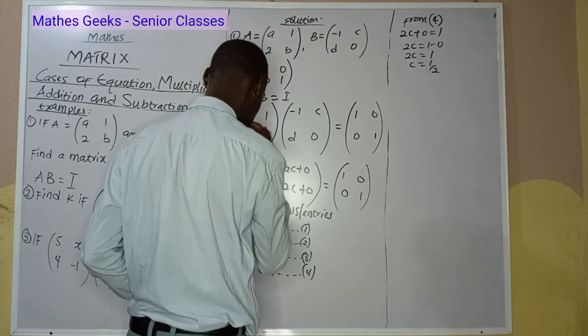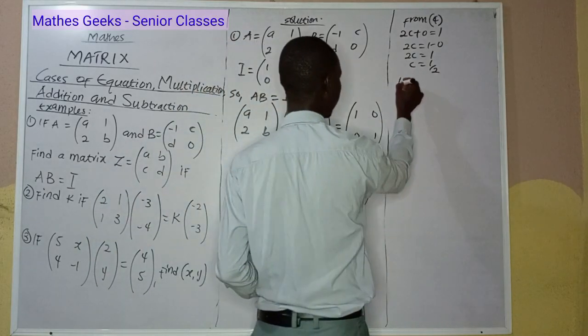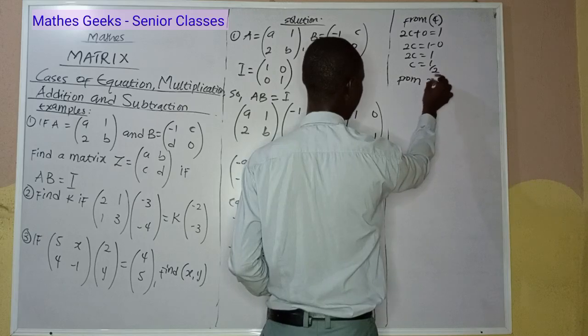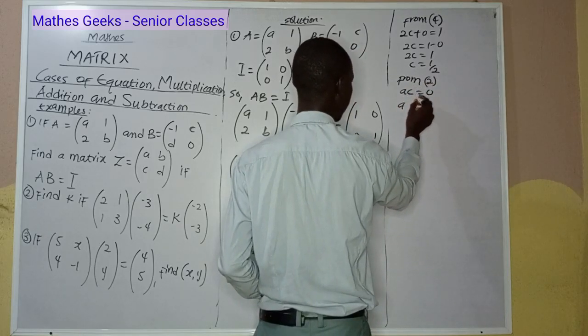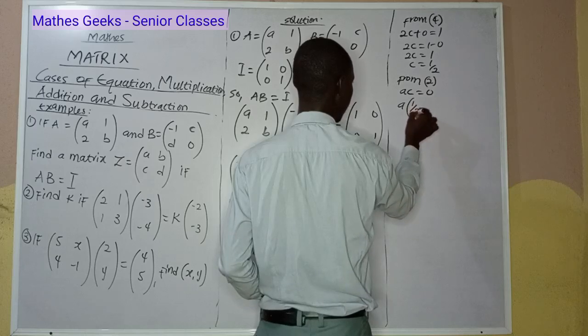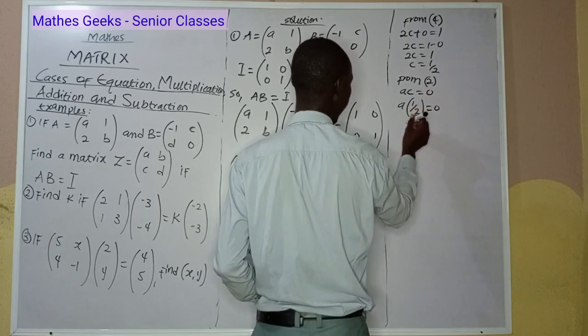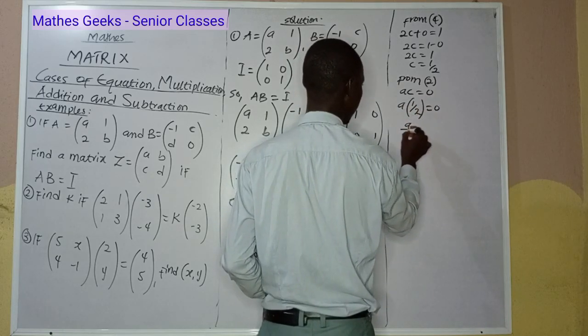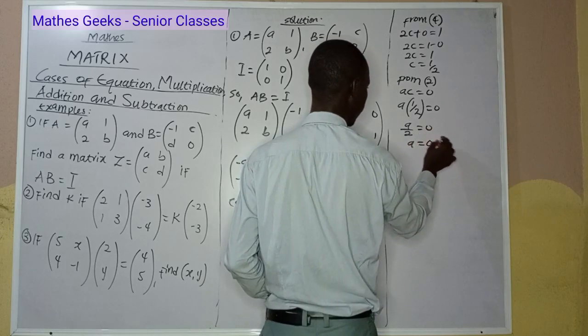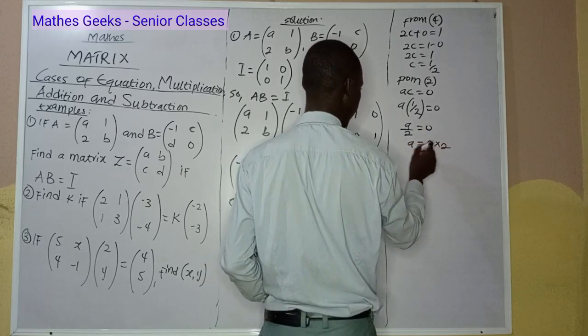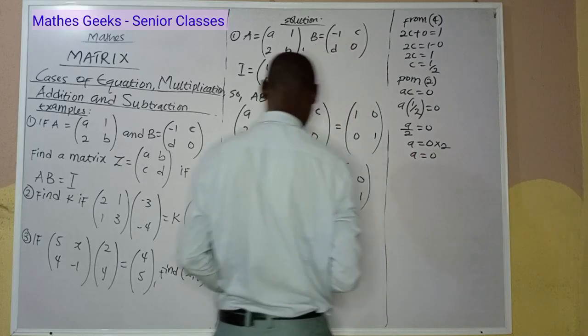From equation 2, AC is equal to 0. But our C is equal to 1 over 2, so A times 1 over 2 is equal to 0. So A over 2 is equal to 0. So A is equal to 0 times 2, which gives us A is equal to 0.